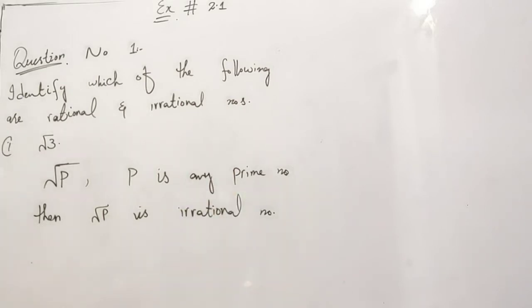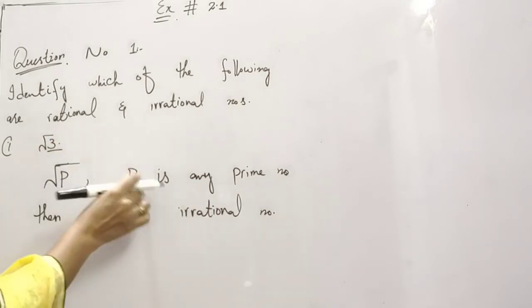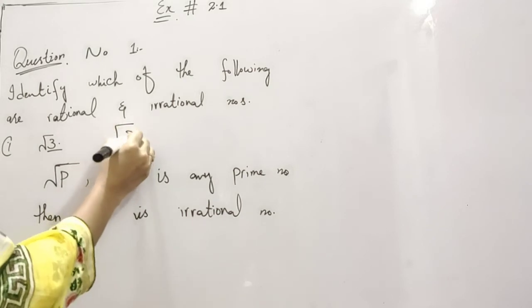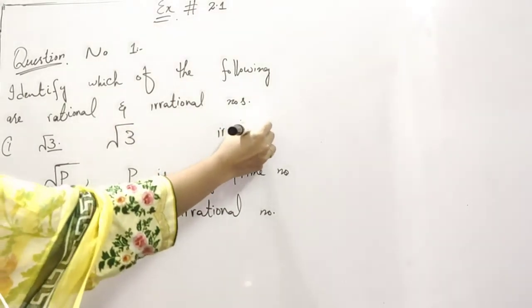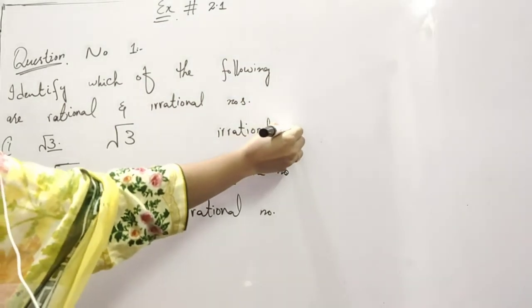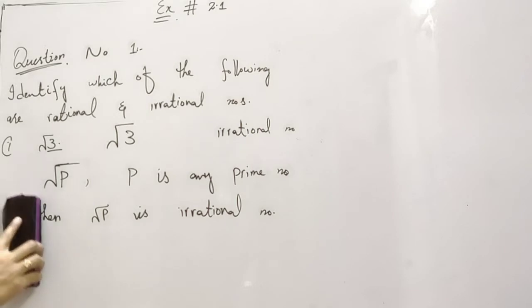So square root 3 satisfies the definition of the irrational number, because 3 is a prime number, so square root 3 is an irrational number. We identify the first part.